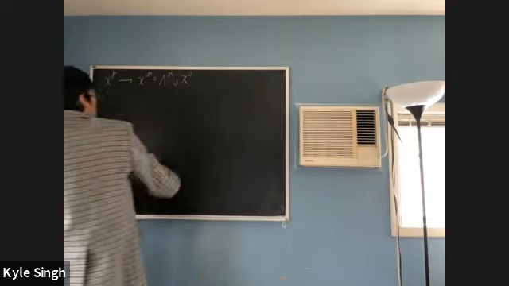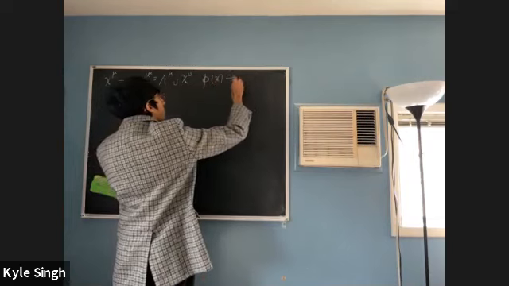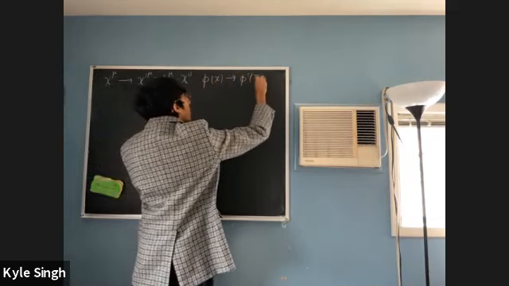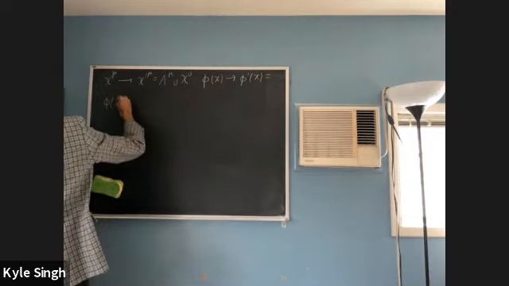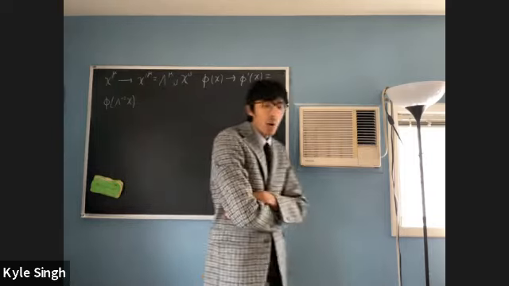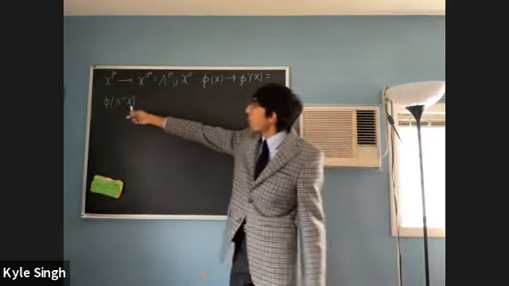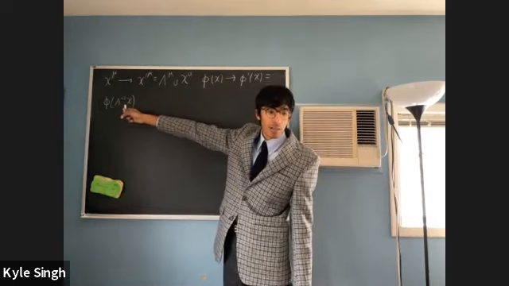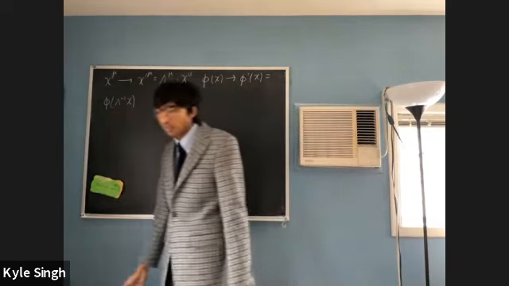For the fields, I can write that in the following way. Phi of x goes to some phi prime of x equals phi of lambda minus 1 of x. What do I mean by that? I'm just saying that for the new field, all of the points are now transformed by lambda. That's my notation.